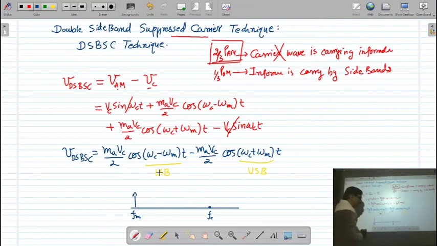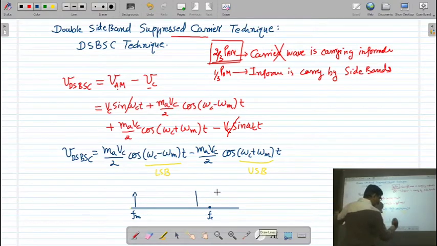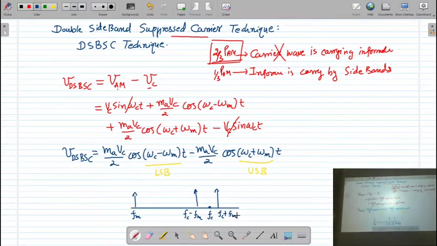Then the lower sideband frequency you have to draw like this, and the upper sideband frequency will be here. We can write this is Fc minus Fm and this one is Fc plus Fm. So this is representing the frequency spectrum of your DSBSC signal.